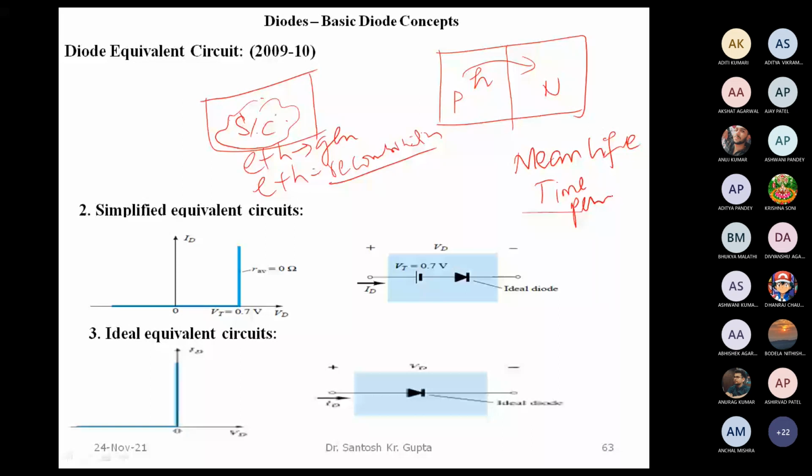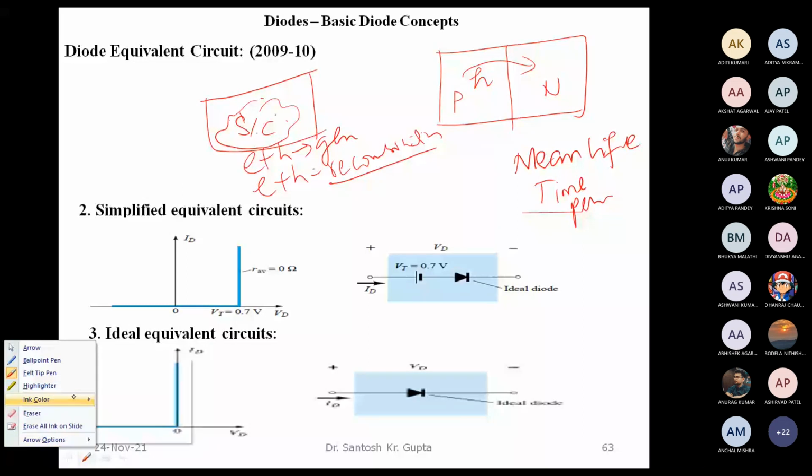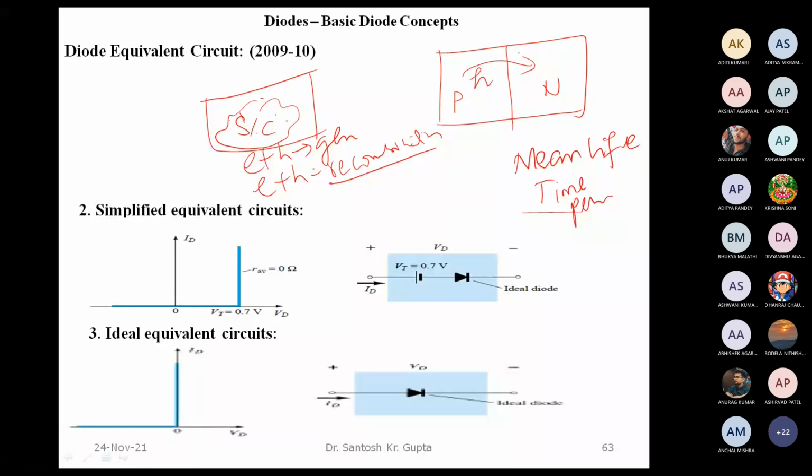Now in our case, the holes have been injected from the p side to the n side. We can also discuss this for electrons, but let us concentrate only on a single carrier, say holes. Suppose this is the hole here. Nearby this junction we will have a huge number of holes, and there are also electrons in this n type.